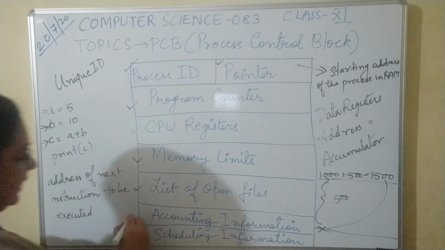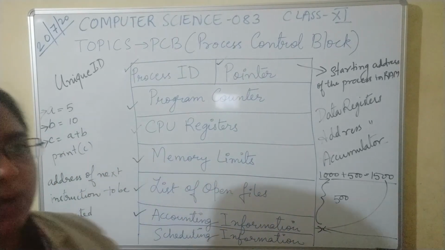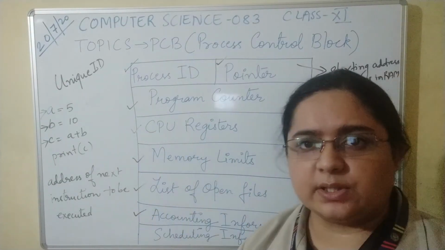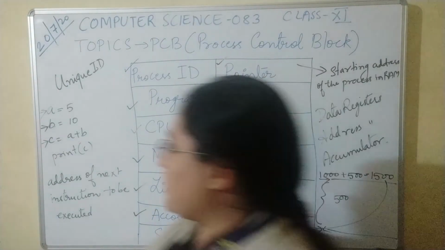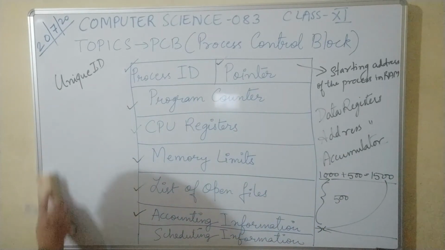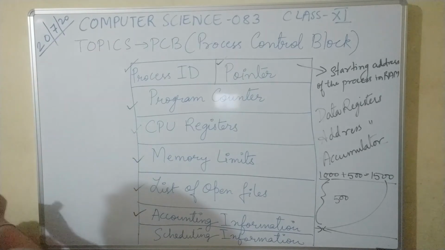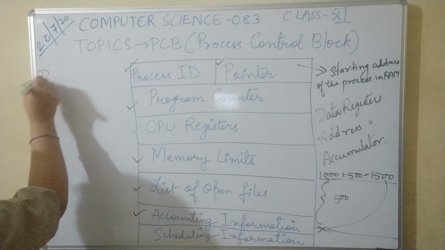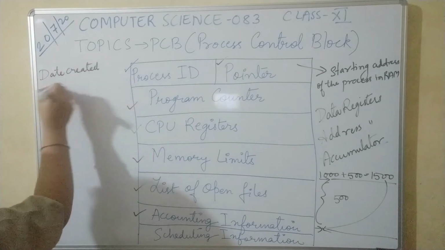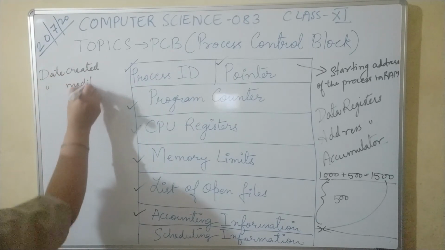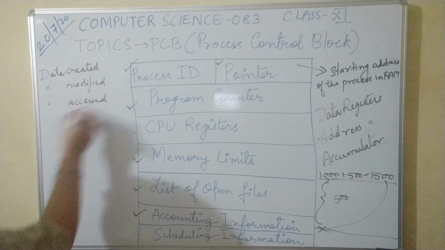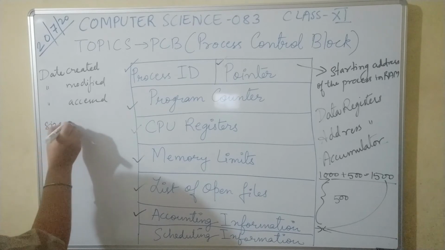Next is accounting information. Students, when you work in Windows, you might have seen that whenever you open the File Explorer, you see certain details about every file. It could be the date when it was created, date modified, date accessed, size on the disk.